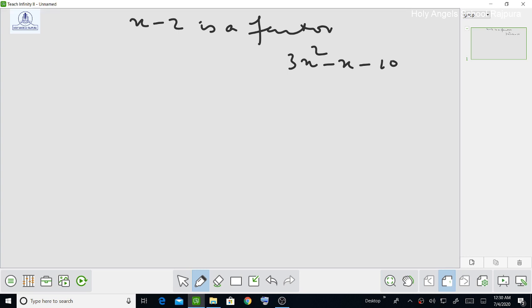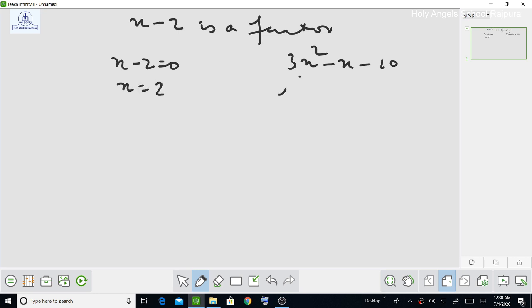Now, please note it down. If x minus 2 is a factor, it should completely divide. 3x square minus x minus 10 divided by x minus 2 should not leave any remainder. The remainder will become 0. That is, x minus 2 is equal to 0, x is equal to 2.